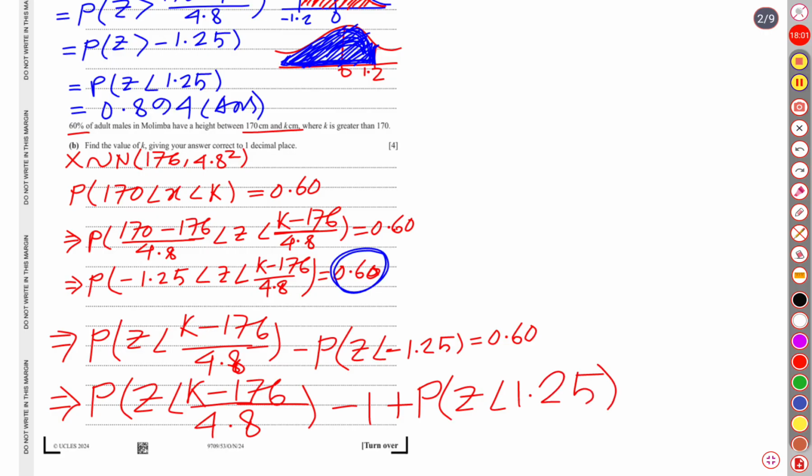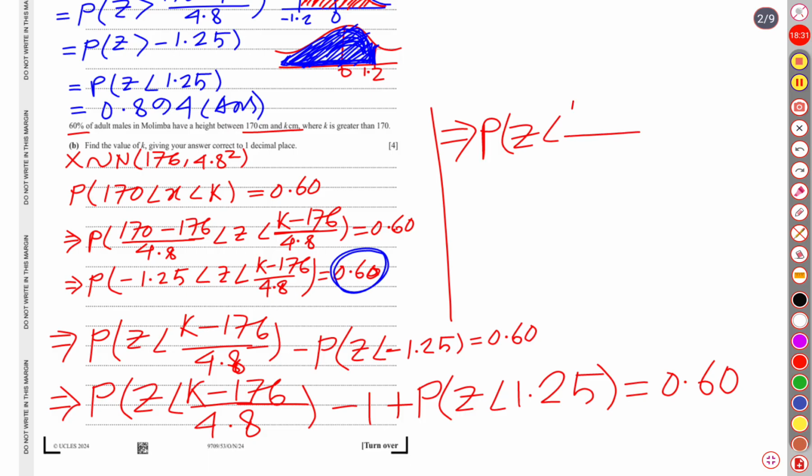1.25, right side is equal to 0.60. Well, then let us leave the left side unchanged. Before that, I will have to write just beside this. Probability of z less than (k minus 176) over 4.8, then minus 1.